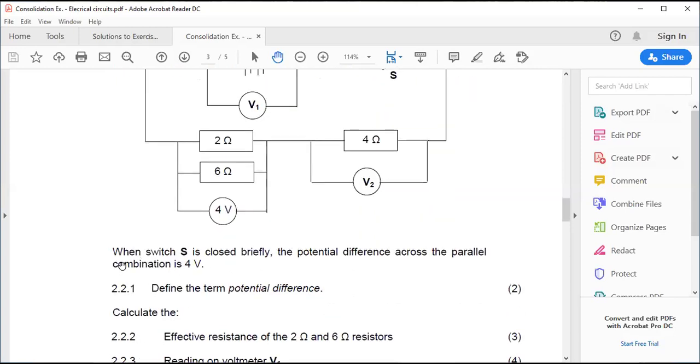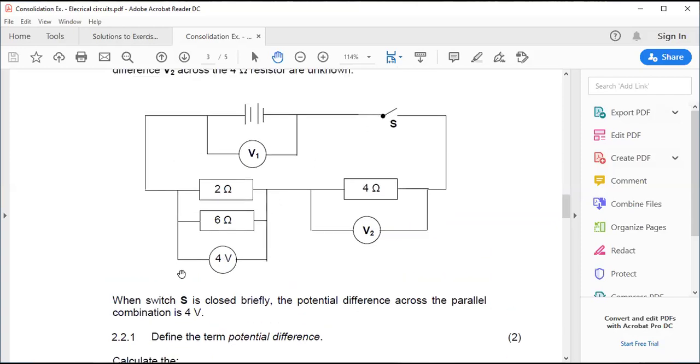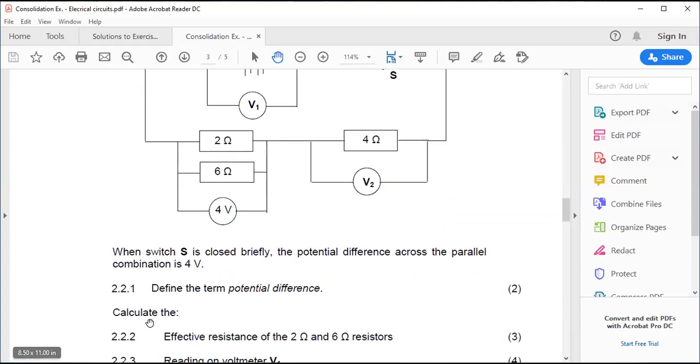Let's move on. When switch S is closed briefly, the potential difference across the parallel combination is 4. So when you close the switch, the reading here is 4. Define the term potential difference. Like I said, you go back to the formula for potential difference.